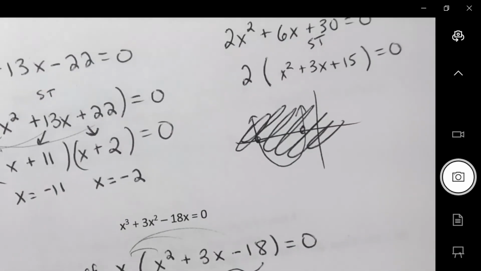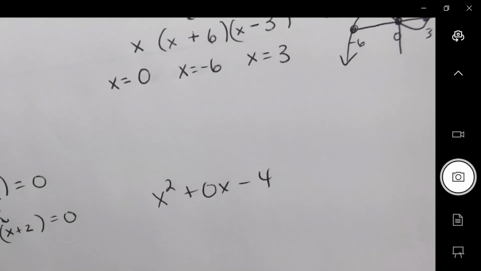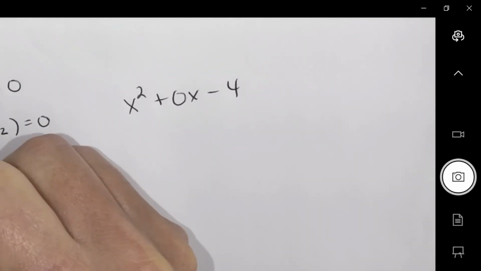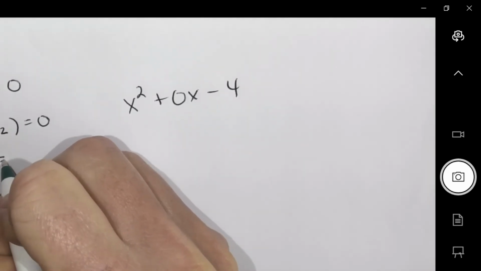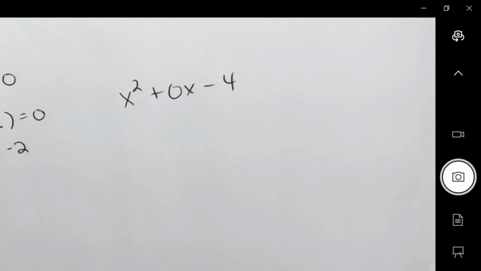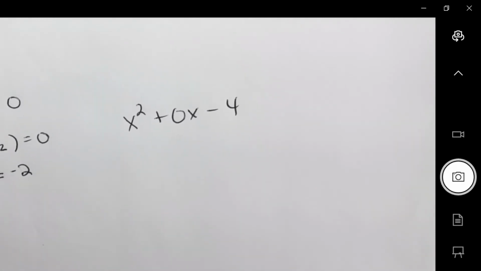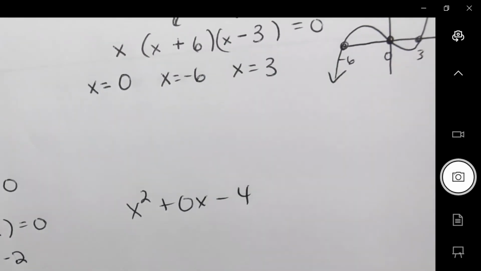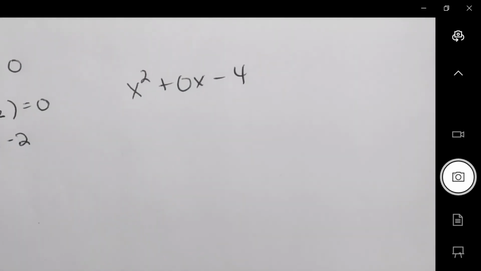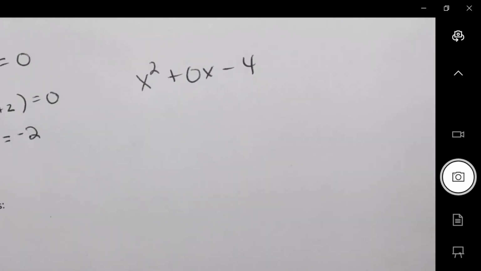So we have 2 answers, +2 and -2. There's no x equals 0 and no third one. That's just an 8, so it's not even in consideration as an answer.